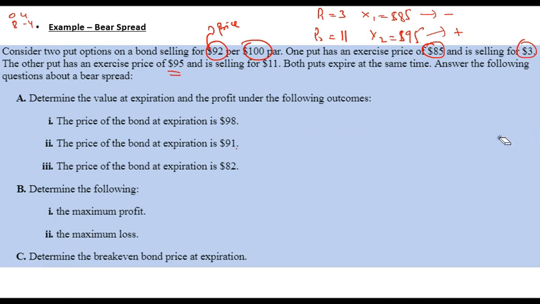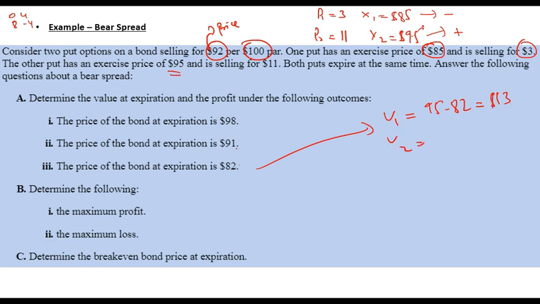For third one, what is the value? Value will be $10. How? Value from first option will be 95 minus 82. So 95 minus 82 will be $13.